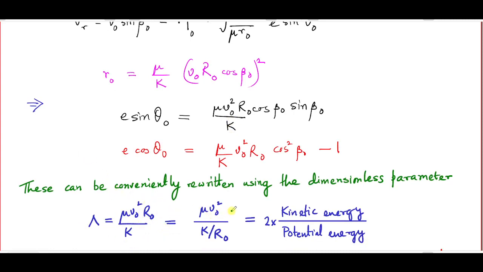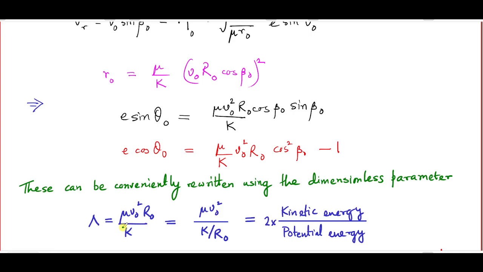This is mu v0 square over k over r0. Now mu v0 square is double the kinetic energy of the satellite. Note that for the satellite, as we have said before, mass and reduced mass are almost identical. And the denominator k by r0 is nothing but the magnitude of the potential energy. So this lambda is essentially related to the ratio of the kinetic energy to the potential energy of the satellite at the initial point.